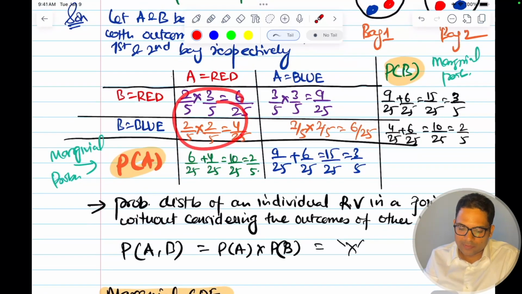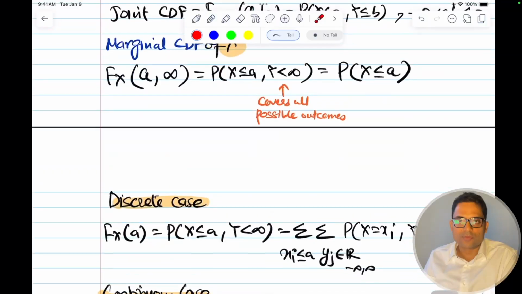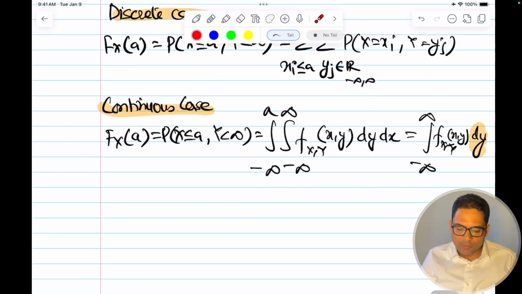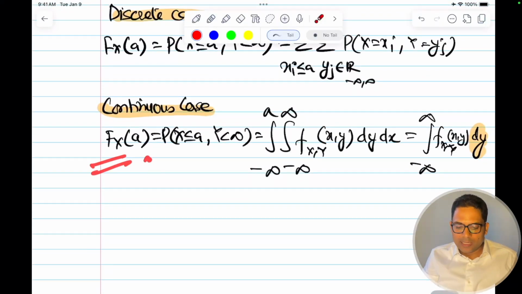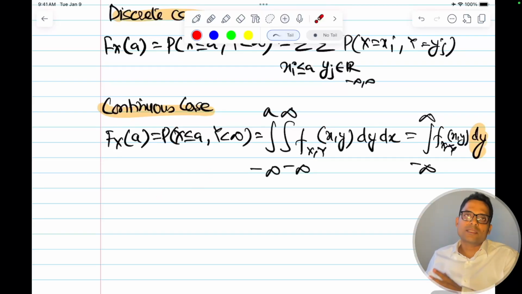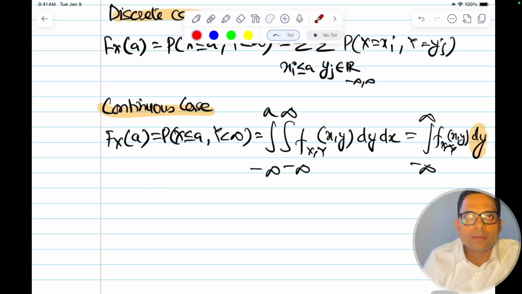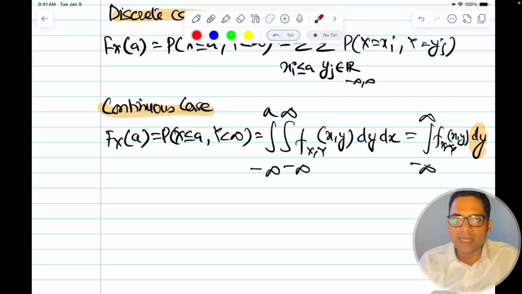That's what it means. So for whatever variable we want to know the marginal probability, we sum it up over all the possible values of the other variable. And what do we sum up? The joint probability or the joint distribution that we have. So this is your CDF of marginal probability distribution.